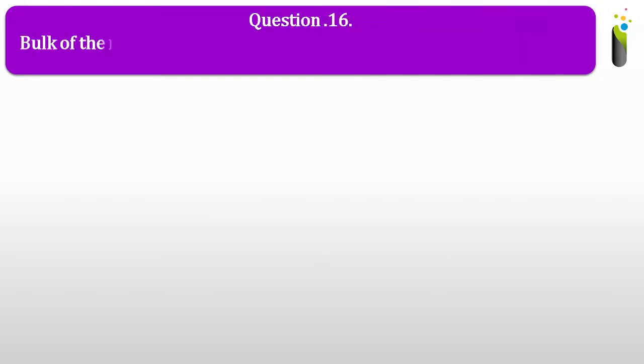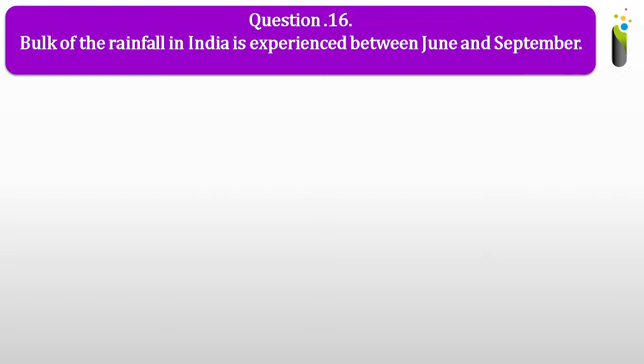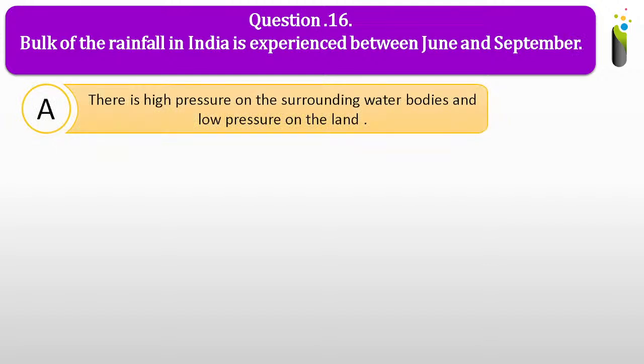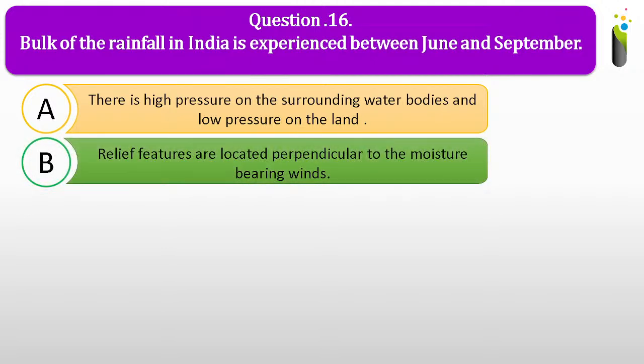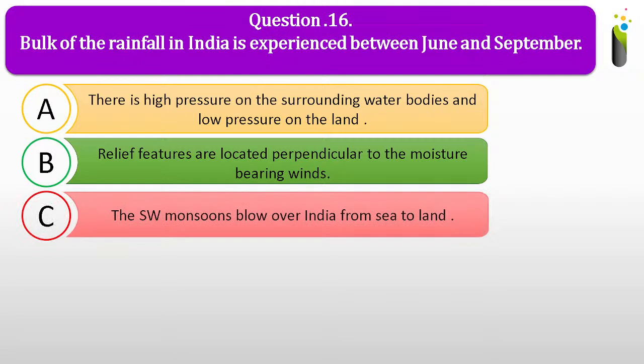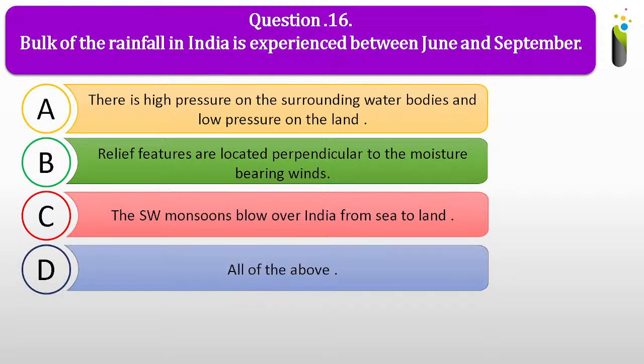Now, question number 16. Bulk of the rainfall in India is experienced between June and September. Your options are A. There is high pressure on the surrounding water bodies and low pressure on the land. B. Relief features are located perpendicular to the moisture bearing winds. C. The southwest monsoons blow over India from the sea to the land. D. All of the above.